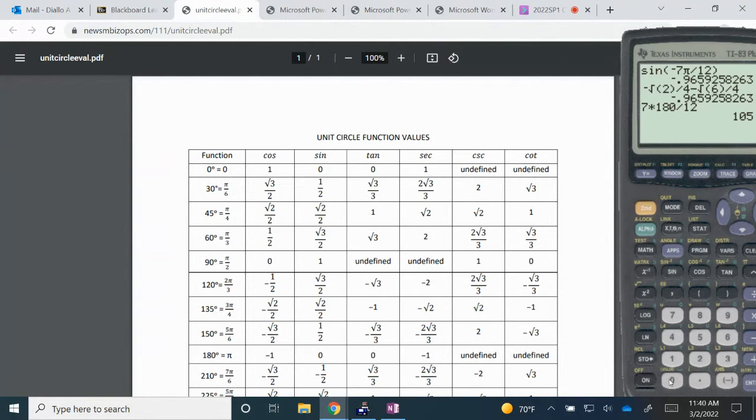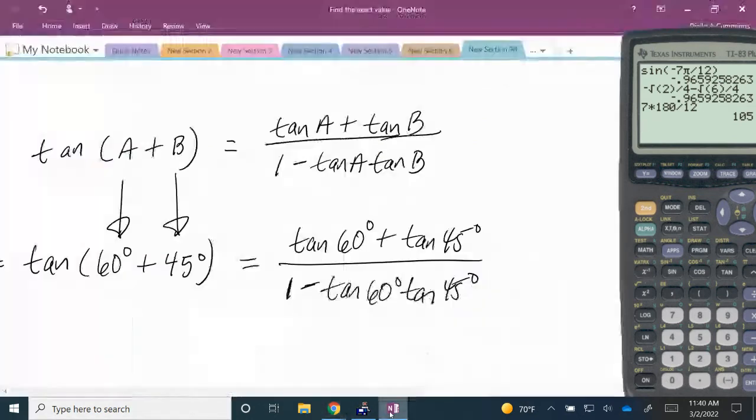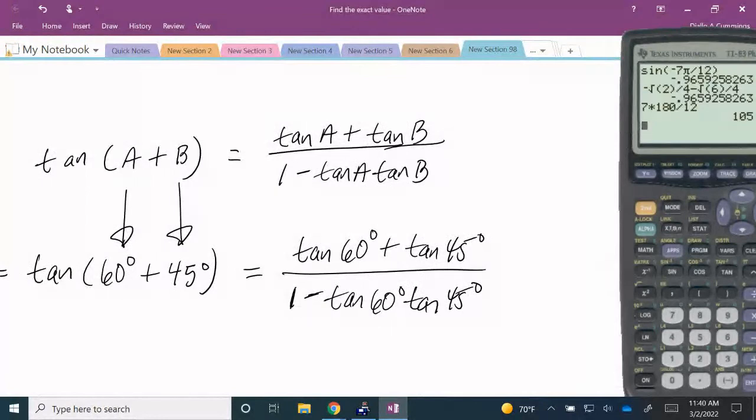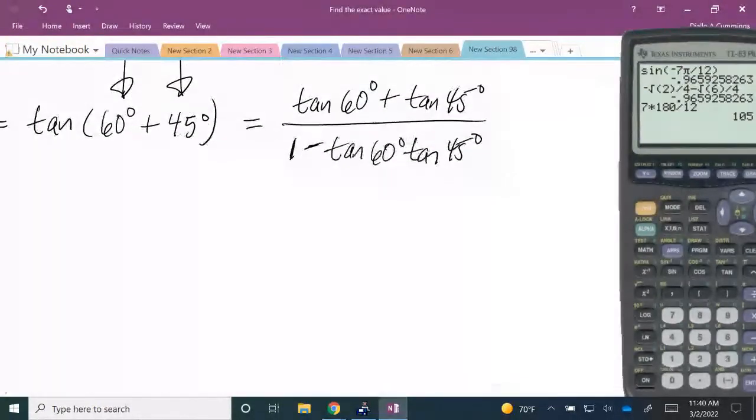All right, so I'm going to just replace those values in our problem. So we have the tangent of 60 degrees, which is the square root of 3, plus 1, divided by 1 minus, right?